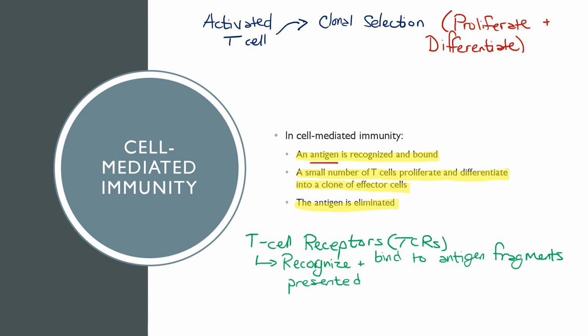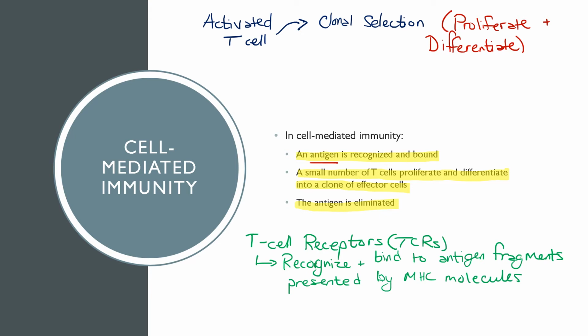So these are ones that are presented by MHC molecules. Now there are millions of different T cells. Each of them has their own unique T cell receptors that can recognize a specific antigen MHC complex.